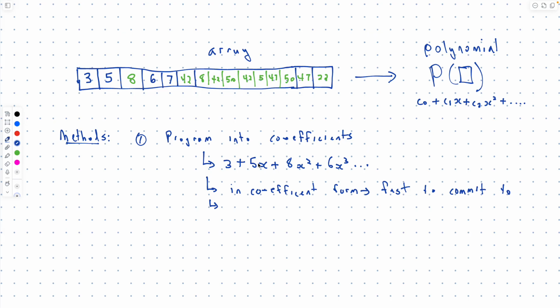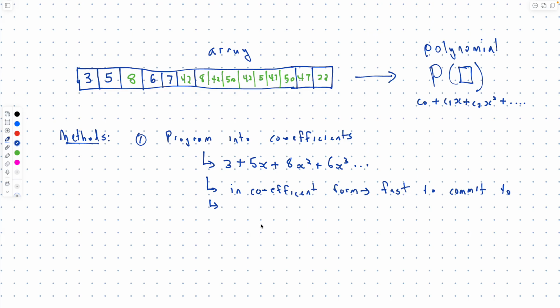This has some other nice properties. For example, let's say I have two polynomials and I add them together. What happens? The coefficients add together as well, and so I get the addition of the two coefficients with each other.